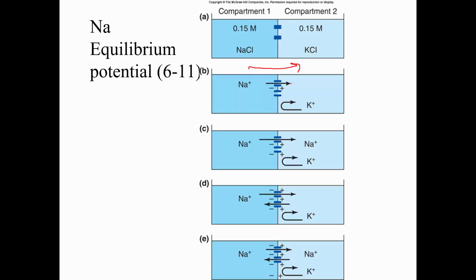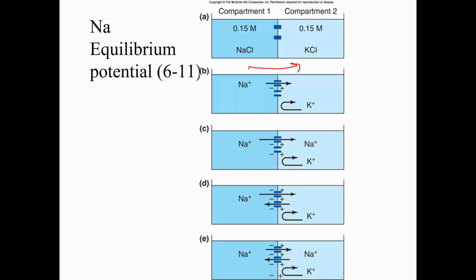And as it moves, a negative charge is left behind. So compartment 2 develops a positive membrane potential. More sodium leaks towards compartment 2, and you see more of a charge separation.